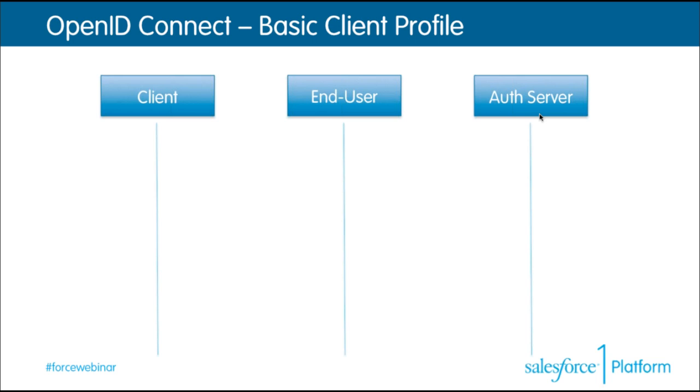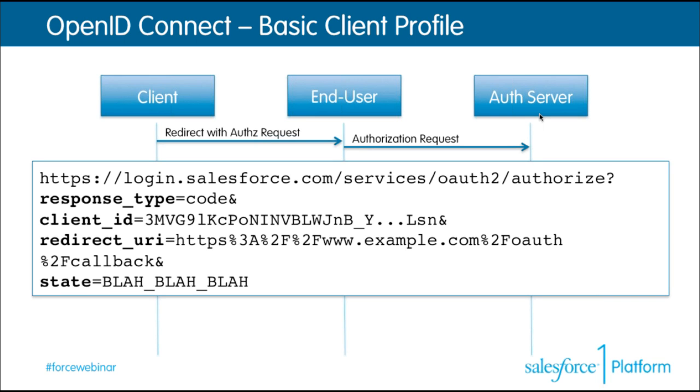Essentially, the end user clicks on some button at the client website, and is redirected to the authorization server. This is the kind of request that gets sent to kick off this process. The URL is the authorization server, the OAuth 2 authorize service there.